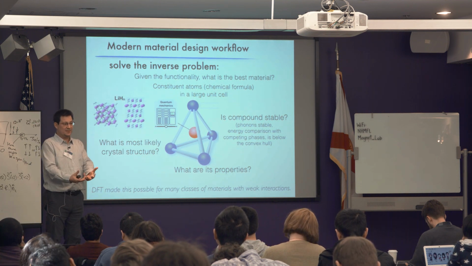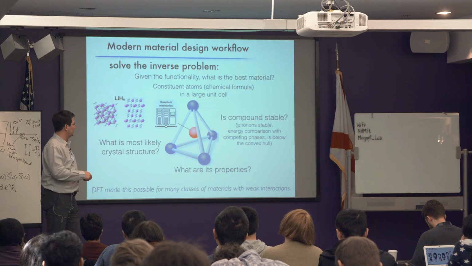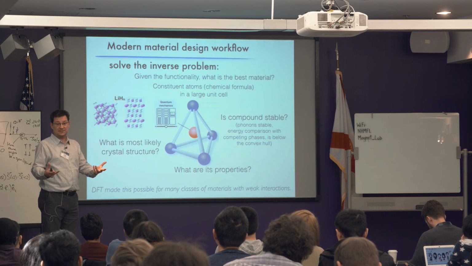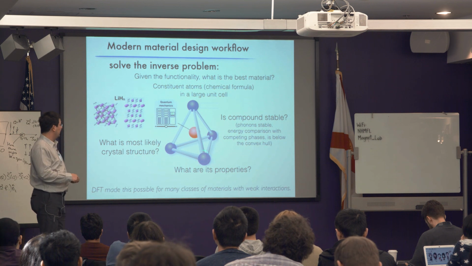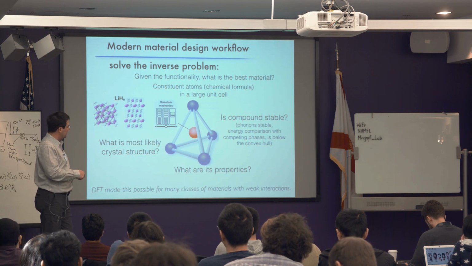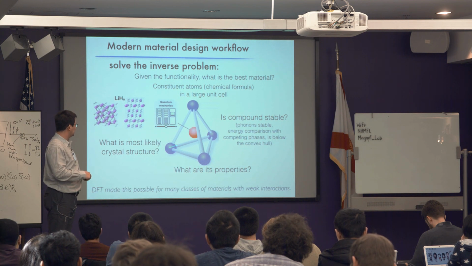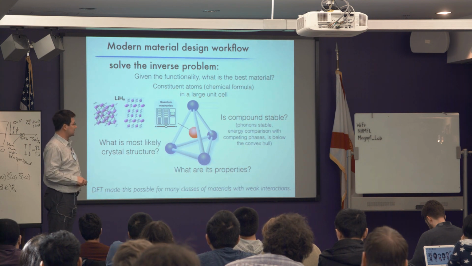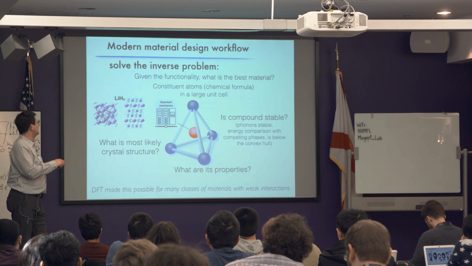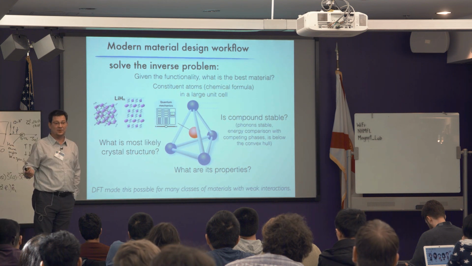So the question is whether the material that you predict has lower energy than similar materials from which it is made. And then finally, if you see that your structure is stable, the question is what are its properties and whether it fits your original idea of what you want to solve.